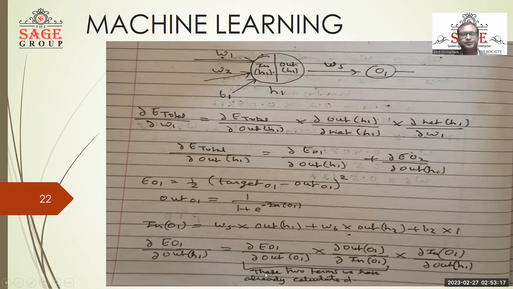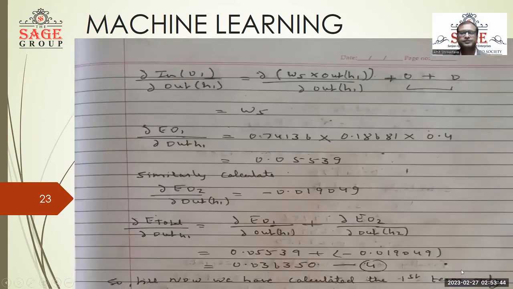Del E O1 upon del out O1 and del out O1 upon del in O1, this we have already calculated in the previous case, when we were updating the weight W5, right? So we have already calculated these terms. We can see in the previous lecture. So now we need to calculate this del in O1 upon del out H1, right?